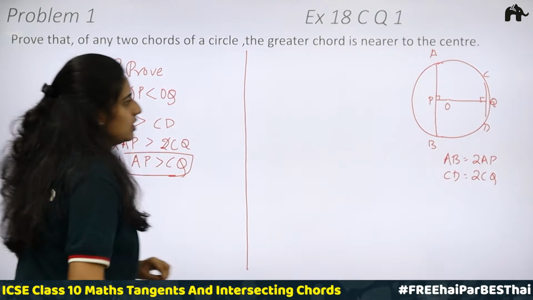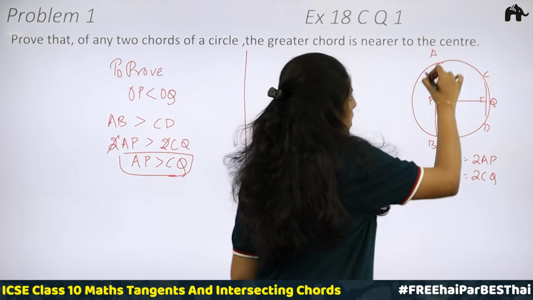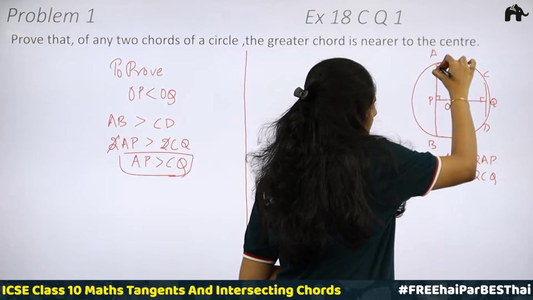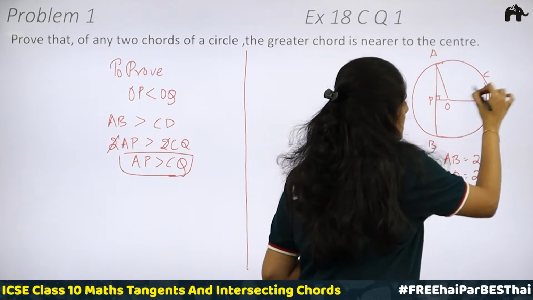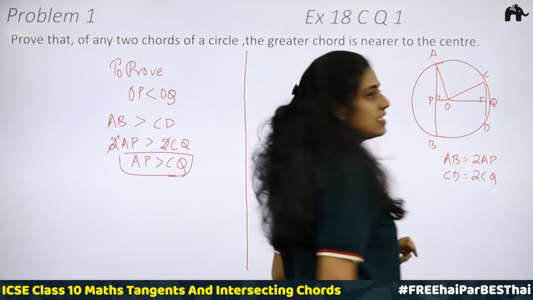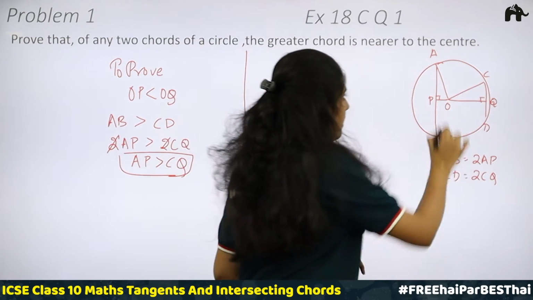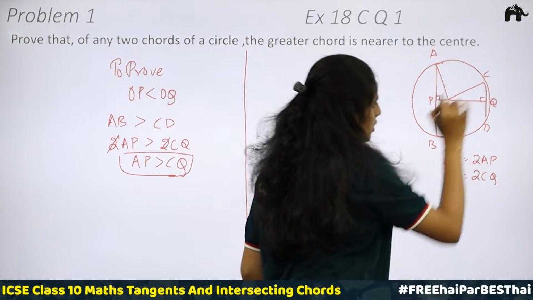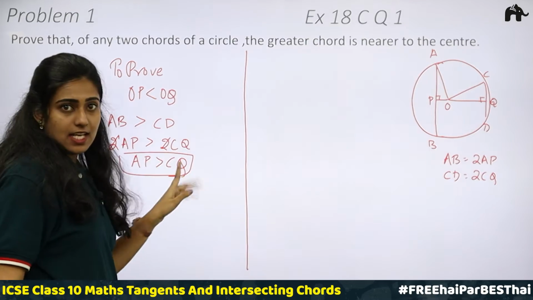AP greater than CQ. Where do we have AP? This is AP and this is CQ. Now what I am doing is, from this point A, I will draw a line to center O. Similarly, from C, I will draw another line to center O. So, we are getting two triangles. Here we have AP and CQ. Which is greater? We have AP greater than CQ.